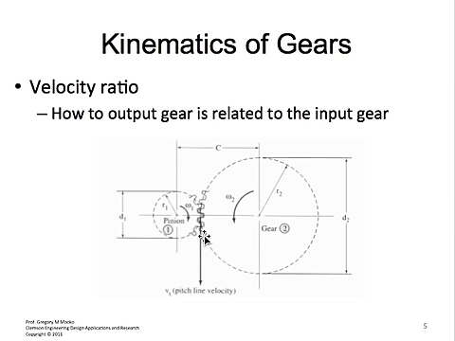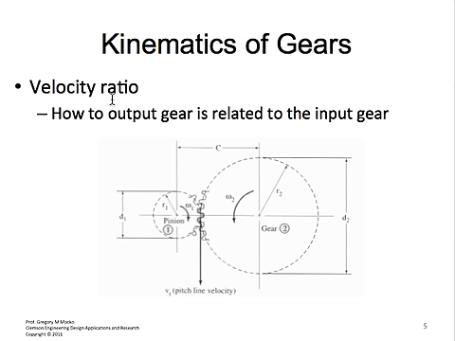But this pitch line velocity is really where the power is transferred. So the point of contact of these teeth is along the pitch line. Pitch line velocity is measured in inches per minute, whereas rotational velocity is measured in radians per minute or revolutions per minute.